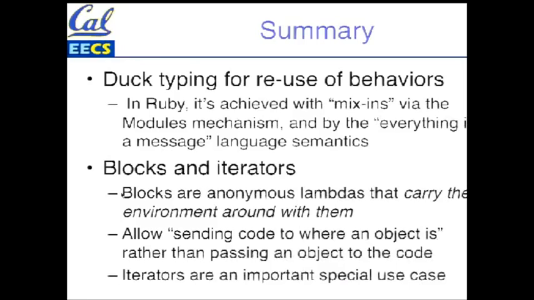And the net support of this is that you're sending code to where the objects are, right? Instead of asking for an iterator from a collection, you are allowing the collection, for example, to manage its own iteration or its own traversal, saying, here's a piece of code, it's your business how to do the iteration. In fact, one of the nice things we'll see, a way that this is implemented in Rails, is that when you iterate over lines from a database, you don't actually do the line fetch until the very last minute.